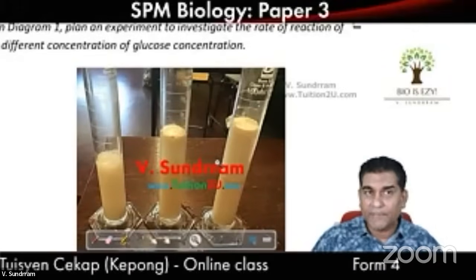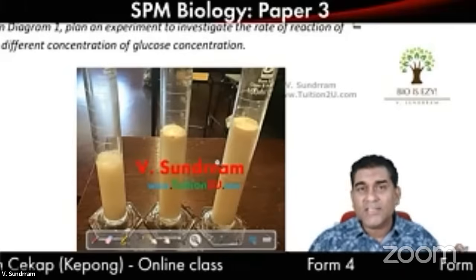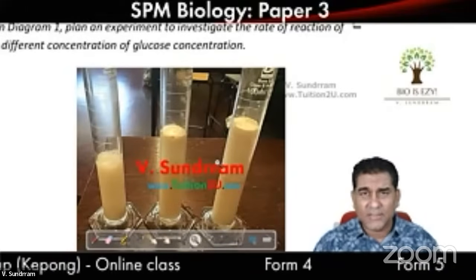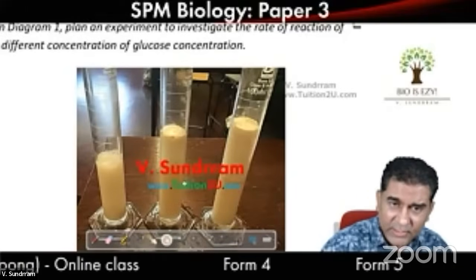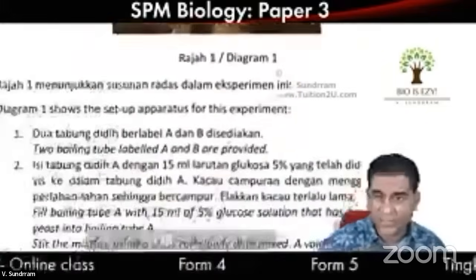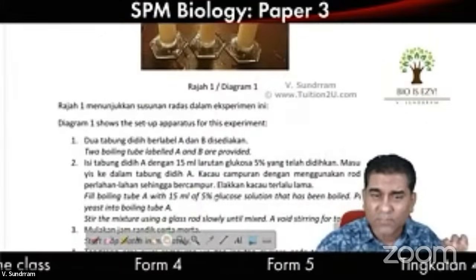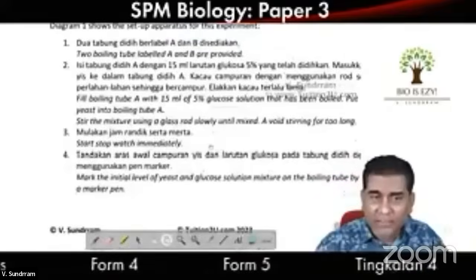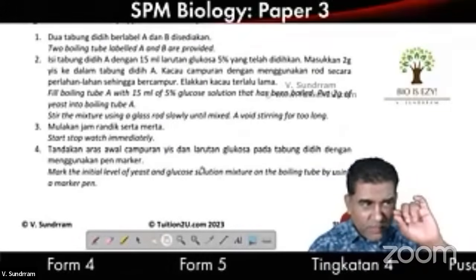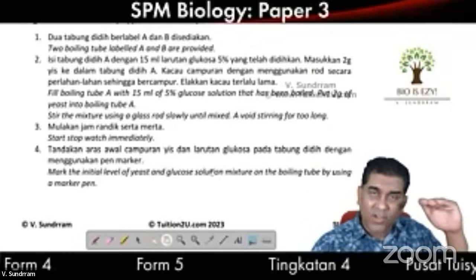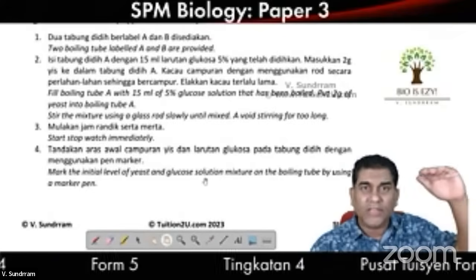Check the experiment. The thing is, the responding variable changes. The experiment is the same. I've given the instruction down here, please read through. I just modified it slightly. I need to mark the initial level of the solution and also the end of the foam.